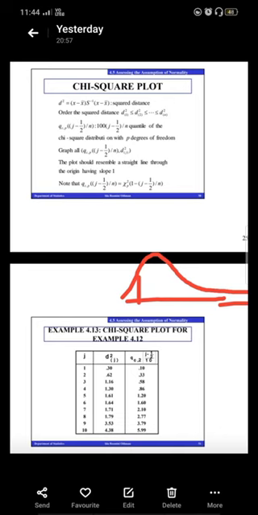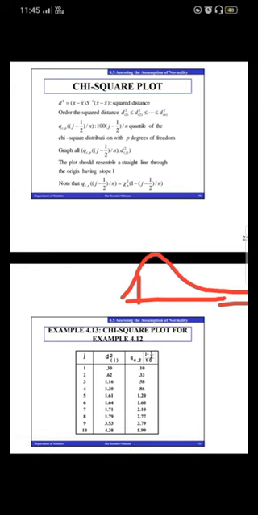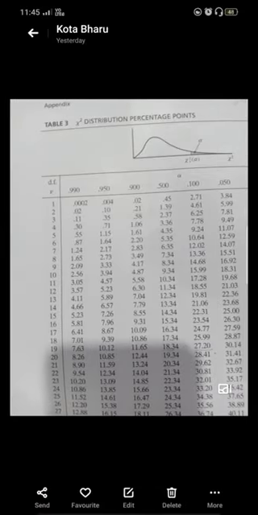The second row pula, the value of probability tadi adalah 2 minus half. So kat sini should be 2 minus half divided by 10. So the value is 0.15. So using the chi-square table, the degree of freedom is 2, 0.15.